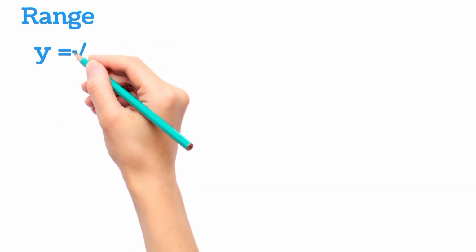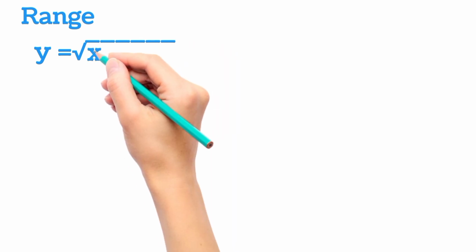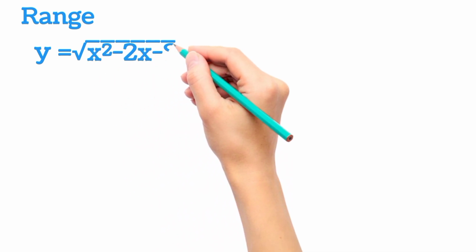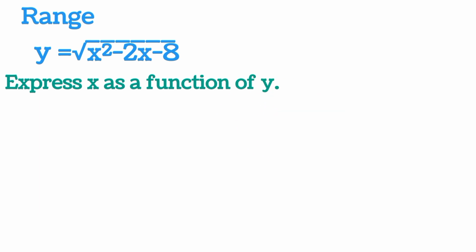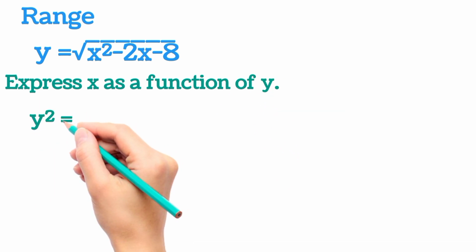Now for the range, let us write the equation again: y = square root of x² - 2x - 8. Now to express x as a function of y, we will square both sides.